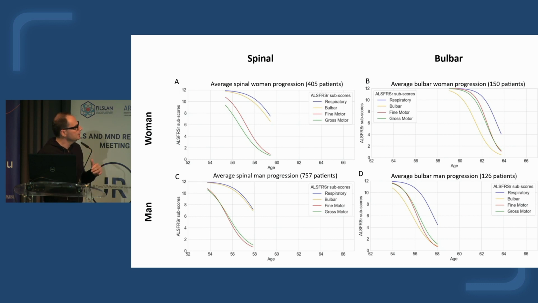And what you see here are the 4 different models for women and men and patients with spinal or bulbar onset. And that has been replotted into the normal range of the scales.